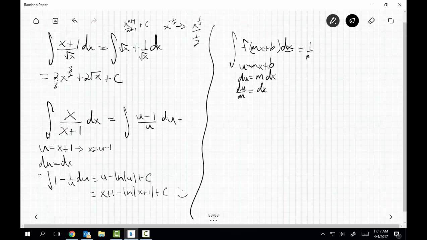I can pull the 1 over m out, and this becomes the integral of f of u du, which turns into 1 over m times the antiderivative of f, plus c, which turns into 1 over m times the antiderivative of mx plus b, plus c.